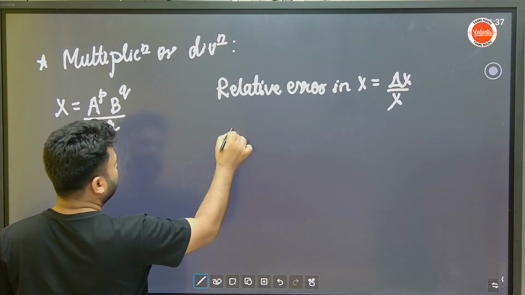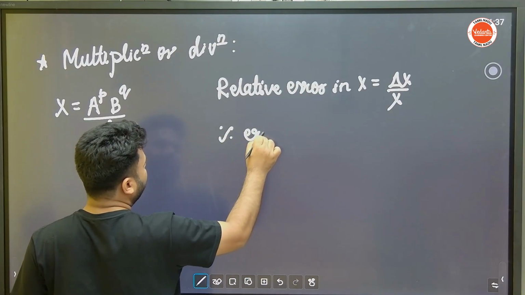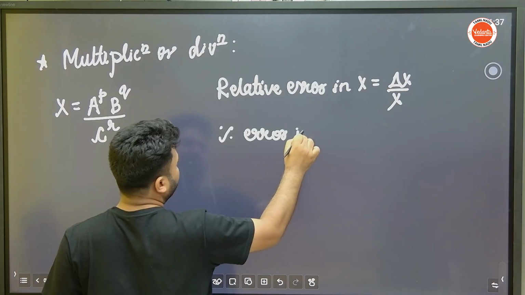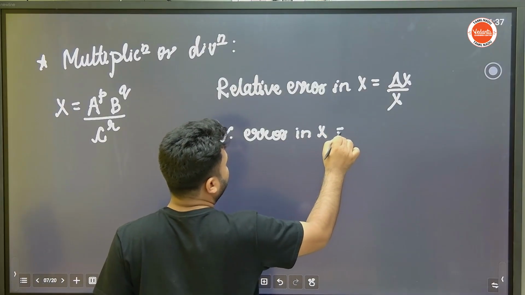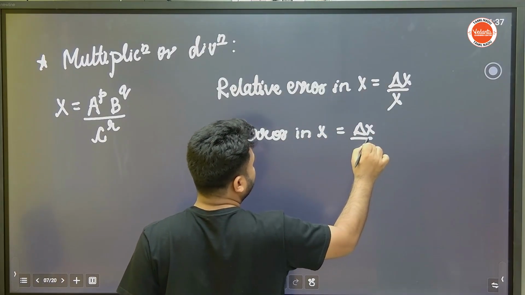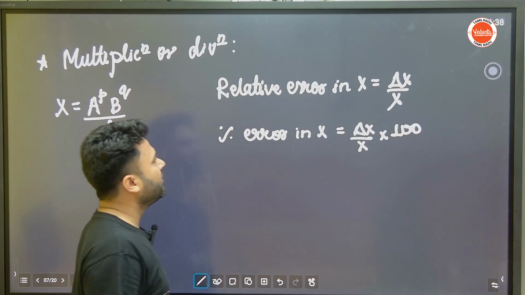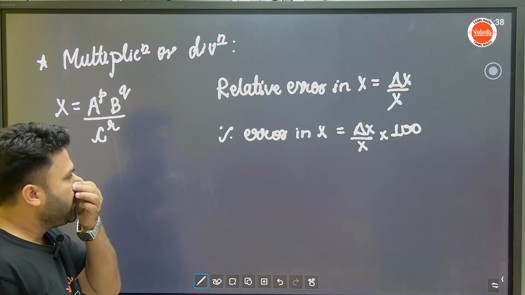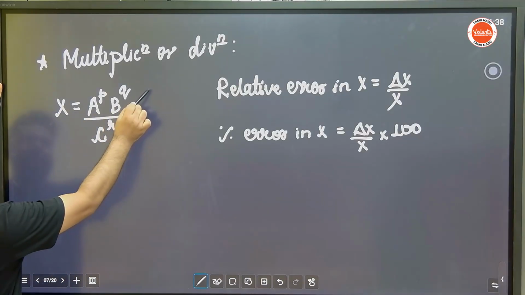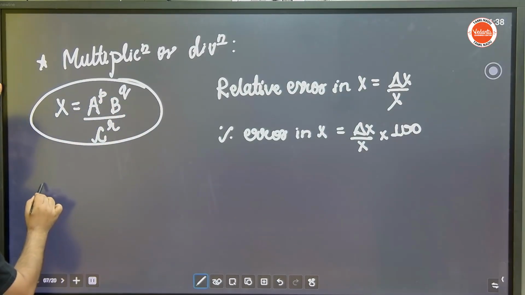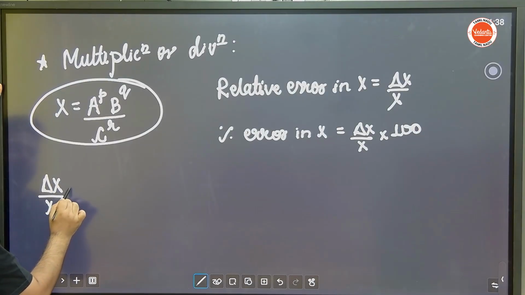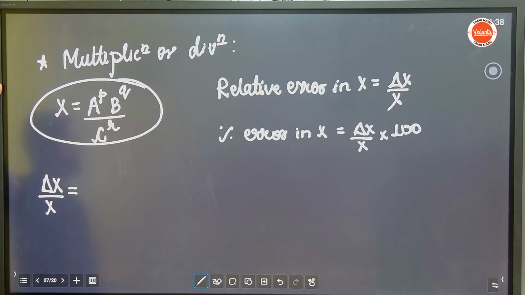If someone asks what is the percentage error in x, we write delta x by x into 100. So what they say is that if we have any formula like this, then relative error in x, that is delta x by x, equals, see the pattern.